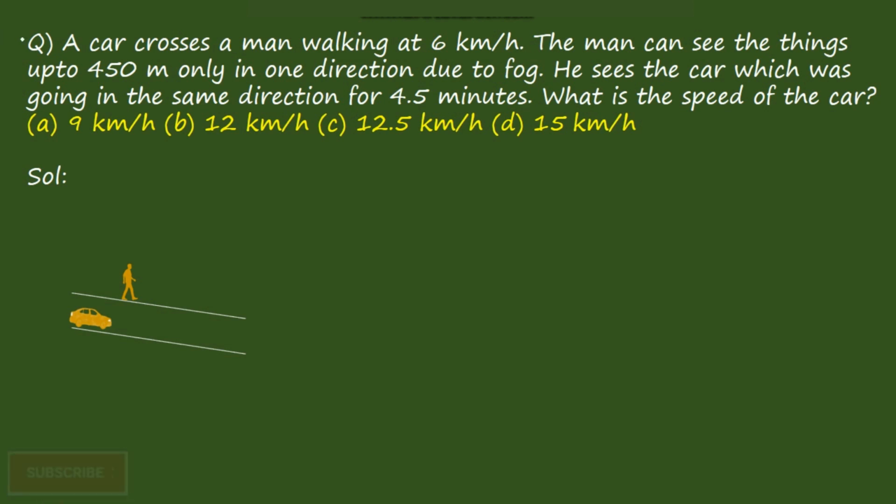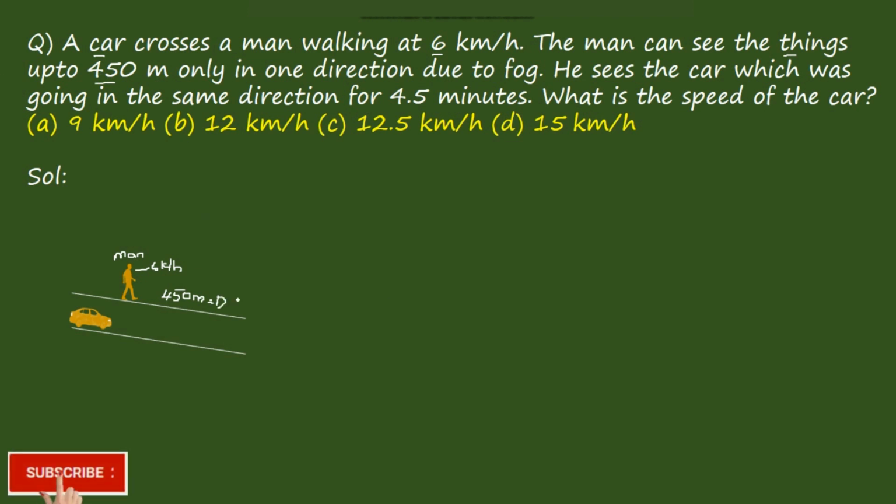First understand the question. They are saying that there is a car crossing a man walking at 6 kilometers per hour. If you consider this person as the man, he is moving at the speed of 6 kilometers per hour. Again it's saying the man can see things up to 450 meters in one direction.